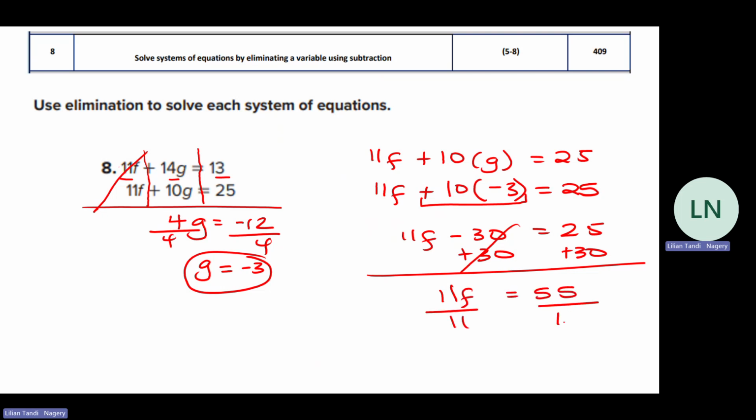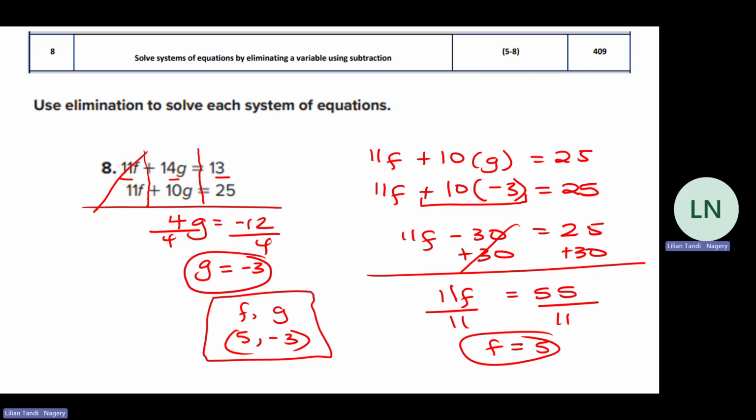Divide by 11. F is 5. F comes before G. So 5, -3. Okay, and I box my answer.